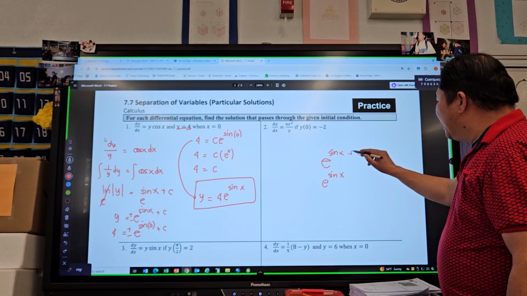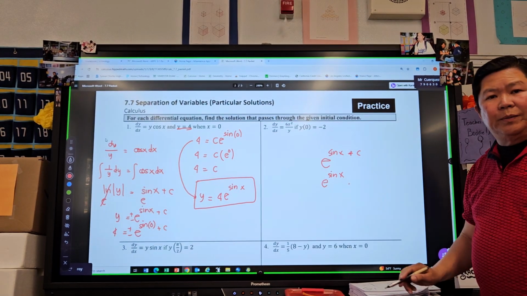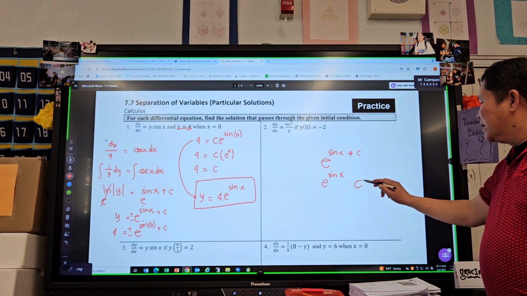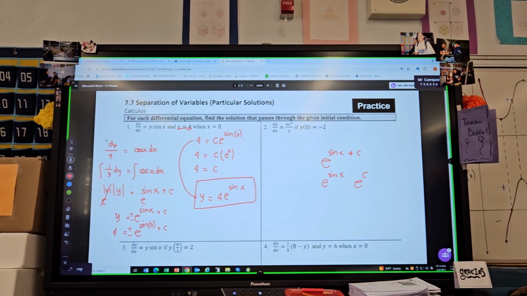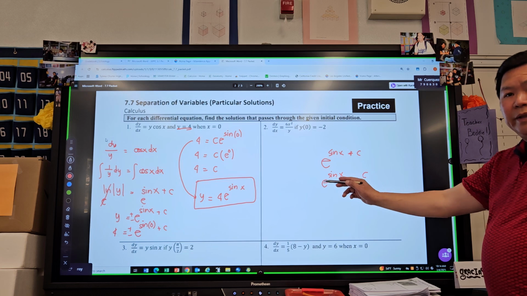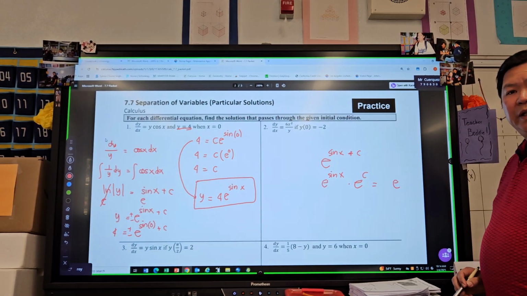So if this is addition, on the law of exponent, this turns to multiplication. You get me? That's why we have this common base. Common base. The base is e.